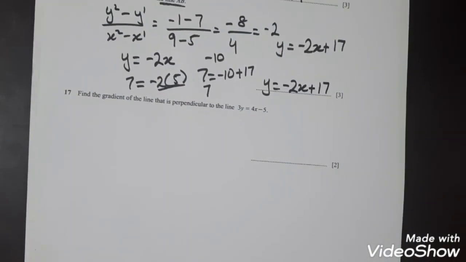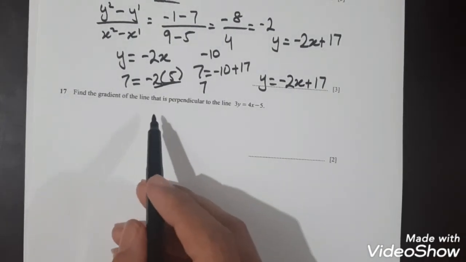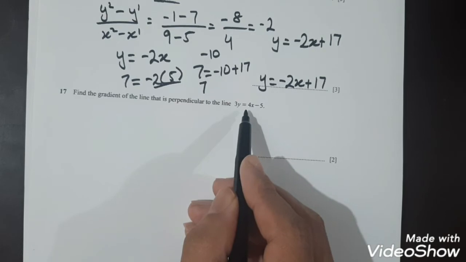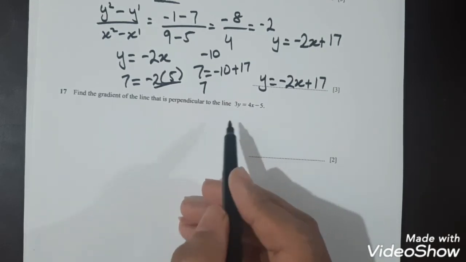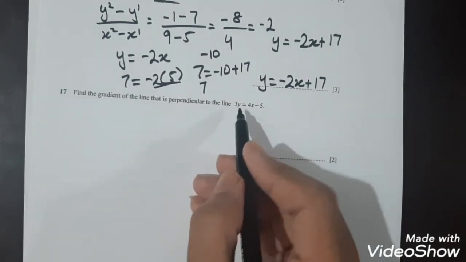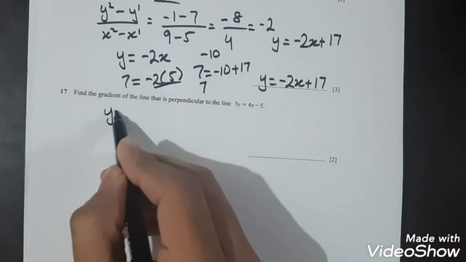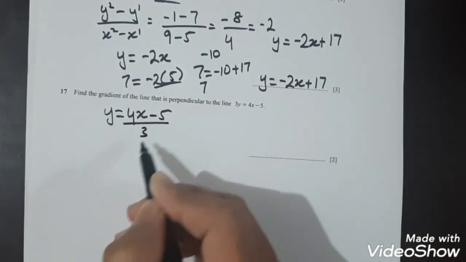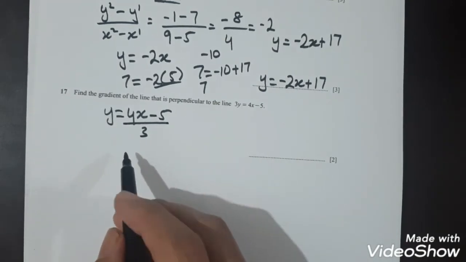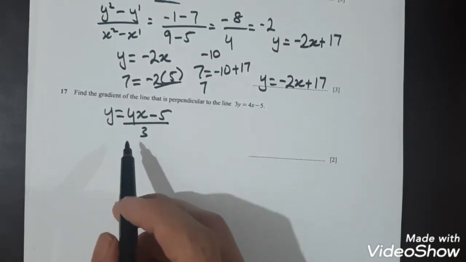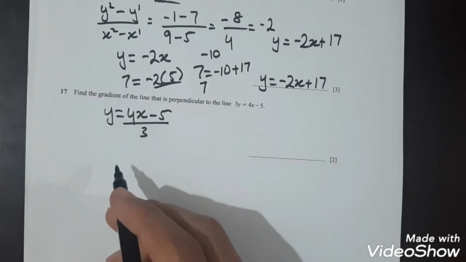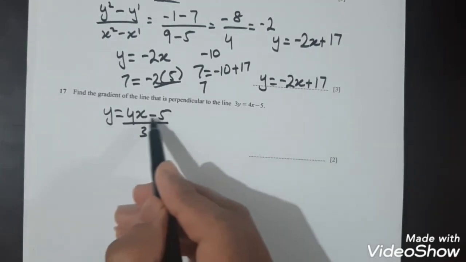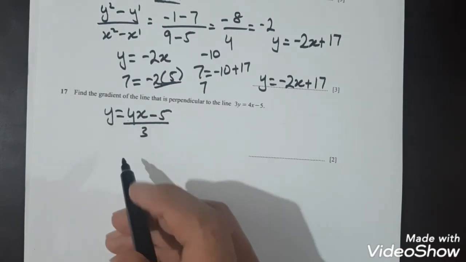Then question 17 states find the gradient of the line that is perpendicular to the line 3y is equal to 4x minus 5. First we will convert this into an equation, so we write y is equal to 4x minus 5, all divided by 3. Then we will invert the gradient of this formula. So we have the gradient which is 4 over 3.